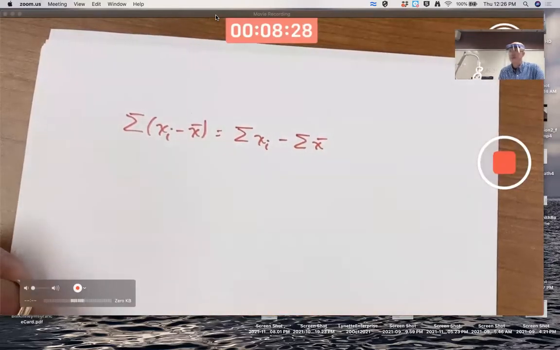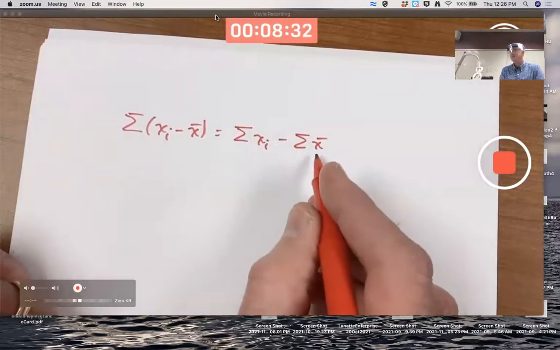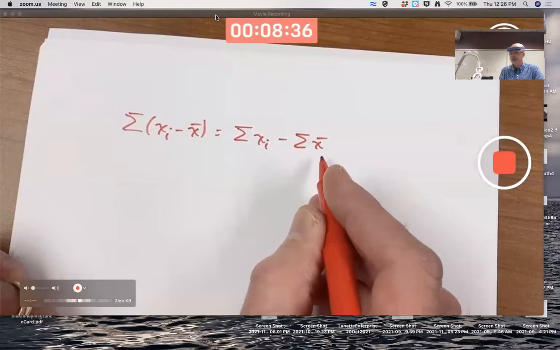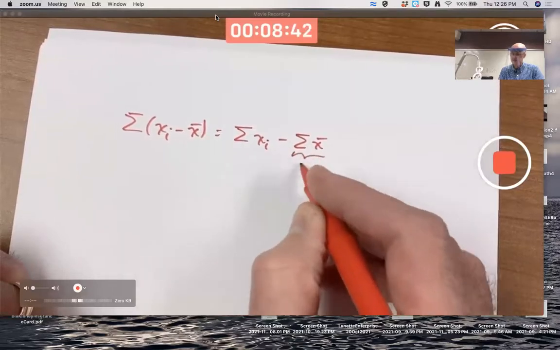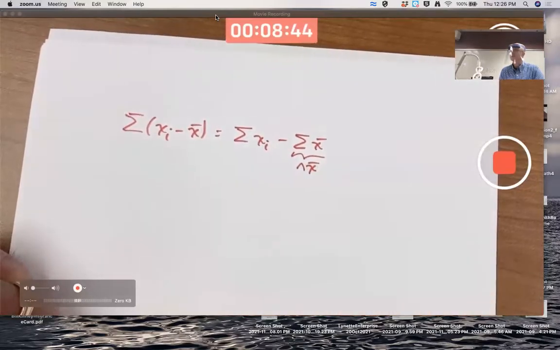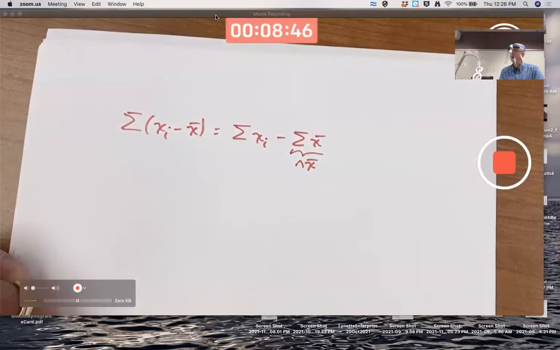I does go from 1 to n here. And then use the fact that with the second summation, x bar is a constant. You're adding x bar to itself how many times? N times. So this is the same as n times x bar. So you're adding n x bars.